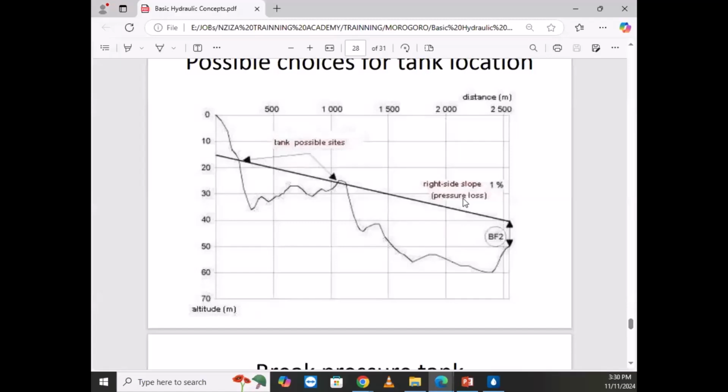I thought that this side is the highest point.